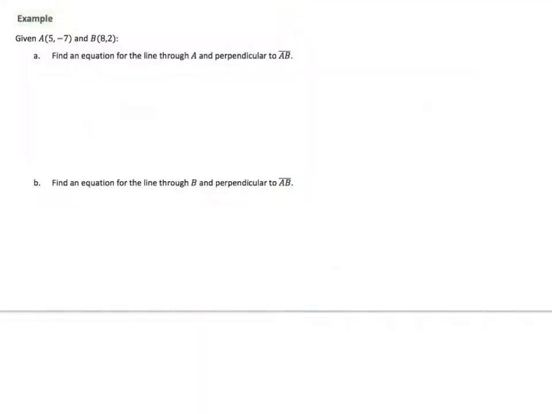All right, let's try a practice problem. I'm going to tie what we just did in the past few slides into what we're doing now. Given A and B, find an equation for the line through A and perpendicular to AB. So we're finding the normal line. Graphically, I've got A and B, and I want an equation for a line through A and perpendicular to AB.